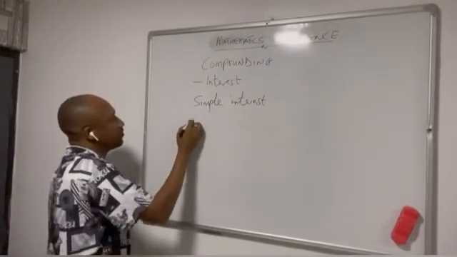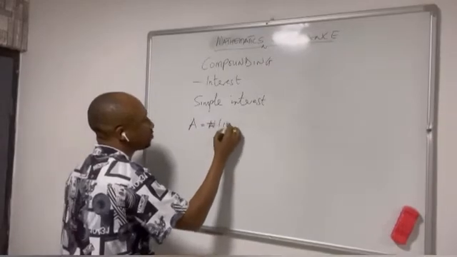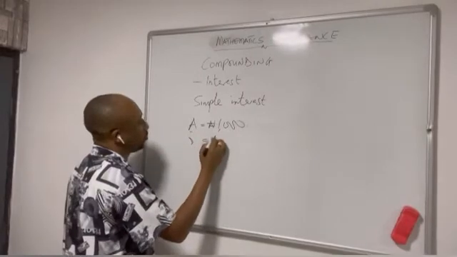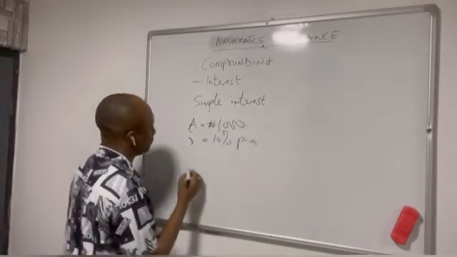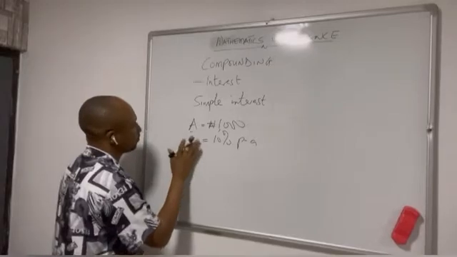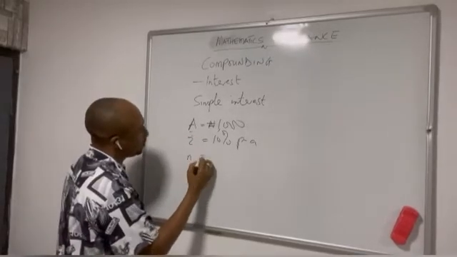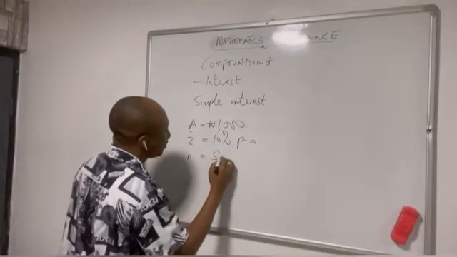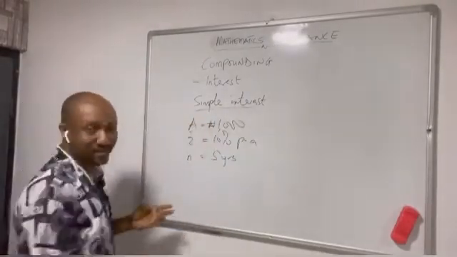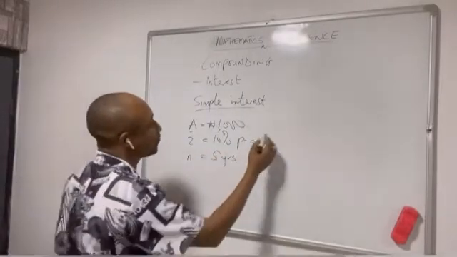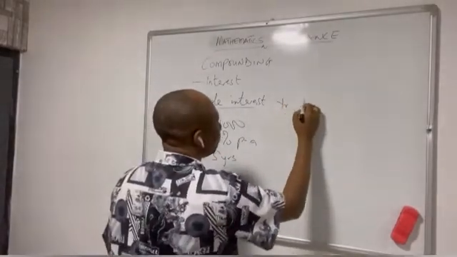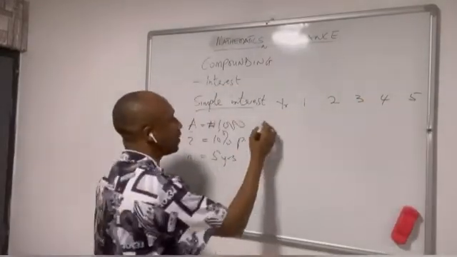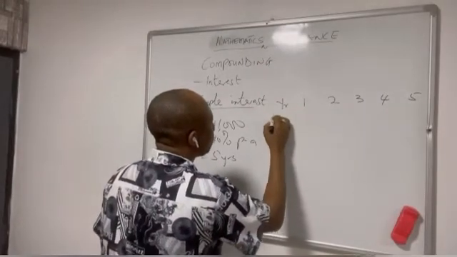Let's say the amount you have saved is 1,000, and you are given interest of 10% per annum, and you wish to save this 1,000 for 5 years, say year 1, 2, 3, 4, and 5.